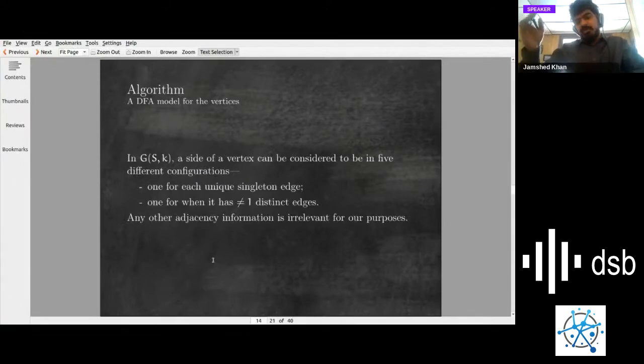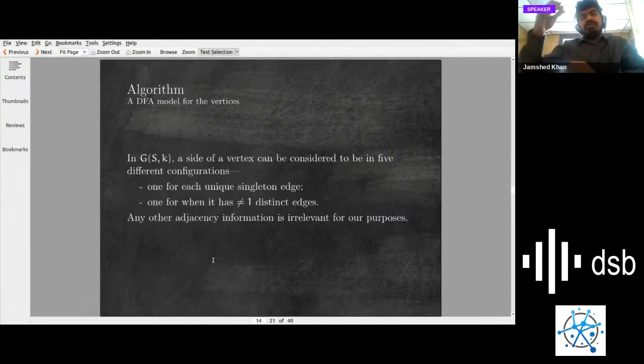So we can say that each side of a vertex can be in 5 different configurations. Suppose that the side of a vertex has a unique incident edge. Then, based on the nucleotide that encodes this edge, there can be 4 different configurations.